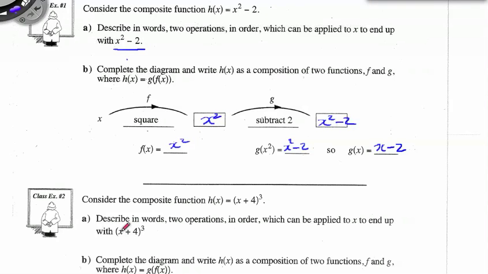So it looks like we've added 4, and then once we've added 4, the whole thing gets cubed. So add 4, then cube the answer. Sorry for my writing here, pretty bad on this tablet.